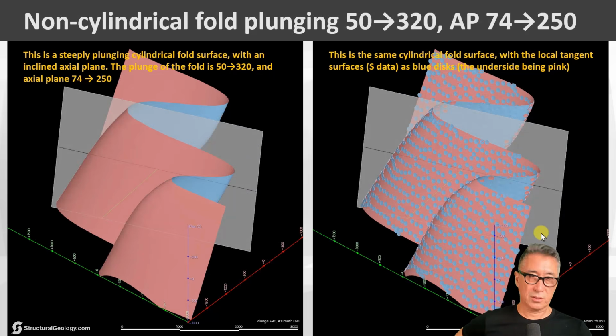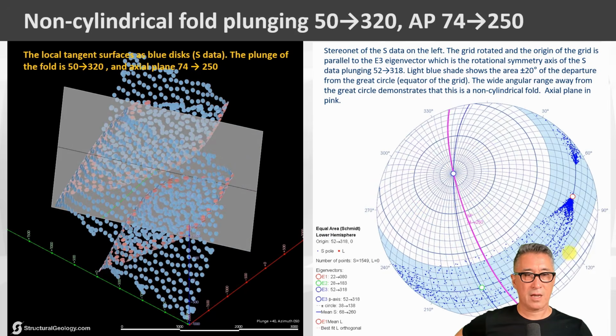And of course, a non-cylindrical system would be spread out. These light blue bands away from the great circle are in 5-degree increments, so there's a departure of plus or minus 20 degrees from that great circle. But you can immediately see the axis of rotation by just looking at the grid.